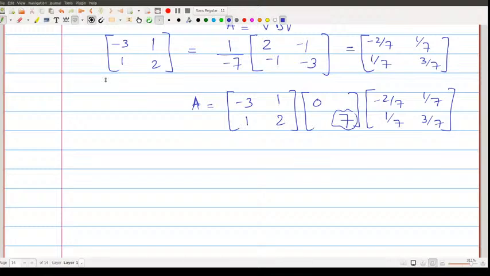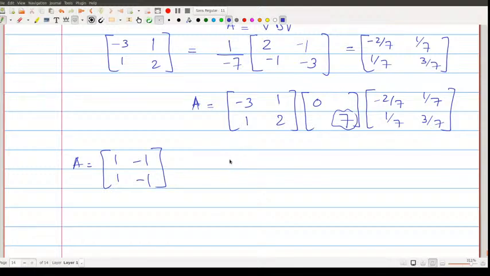Let me check for an example. Let's try this one: A equals 1, 1, minus 1, minus 1. This matrix is still singular, so there's still a chance that it might be diagonalizable, but let's find the eigenvalues first.